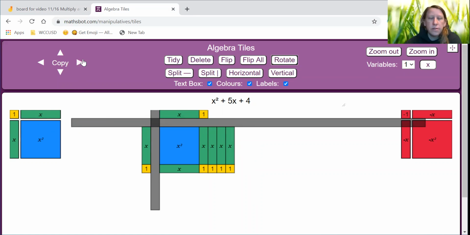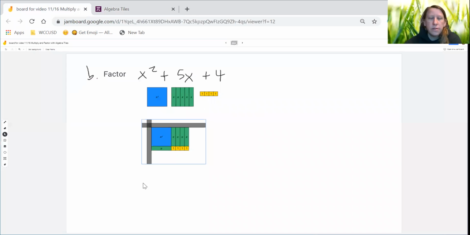What is it? X and 4 fit perfectly along the top. Oh, I already kind of know my answer. It's the sides of the box, the sides of my rectangle. So the answer to this problem is x plus 1 along one side, and along the top is x plus 4.